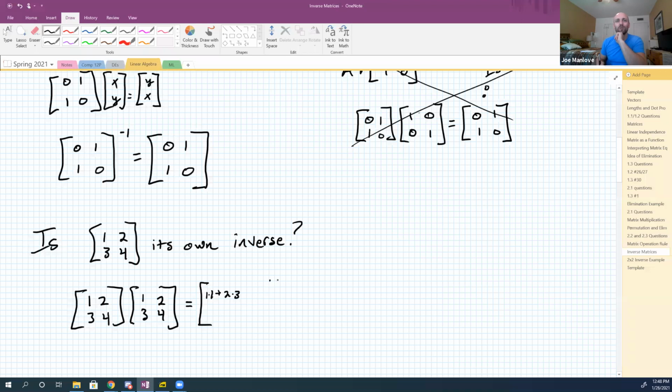Do I need to do any more computations to know that this is not the identity matrix? Why or why not, guys?